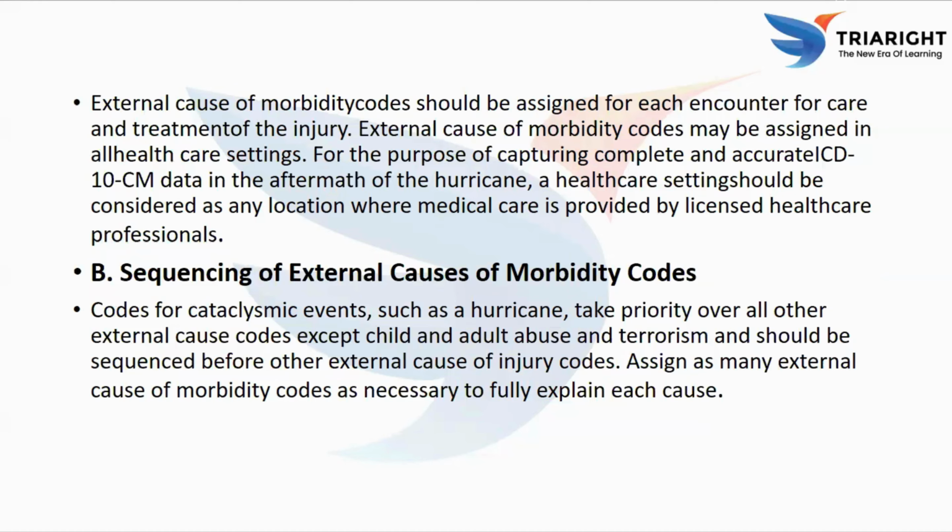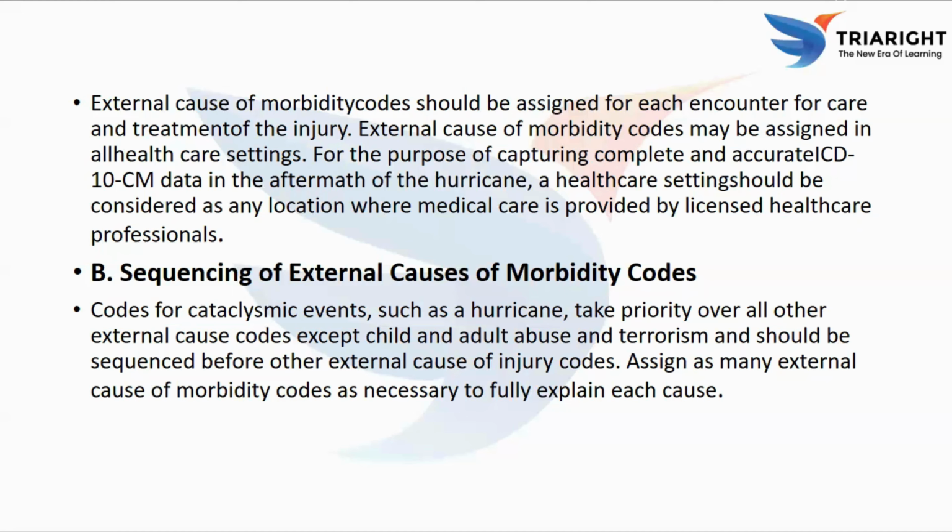For example, if a person is injured by flying debris during a hurricane, we record both: one code for the injury, like the fracture or the cut, and the other, the external cause code, to show it was caused by the hurricane.